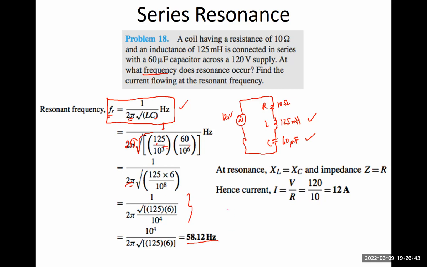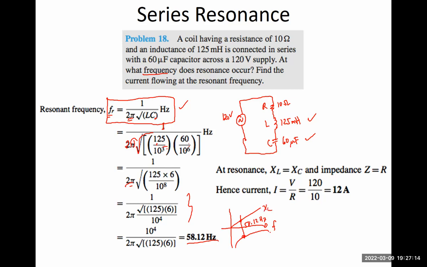So ibig sabihin, doon sa ating graph, this is our XL and then this is our XC. So there will come a time, and this is our frequency. So there is some at 58.12 hertz.